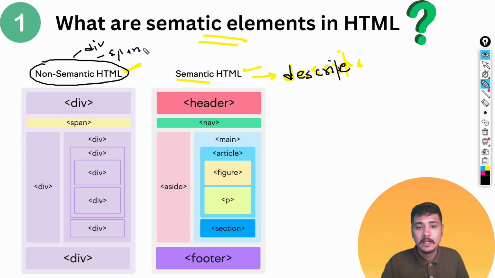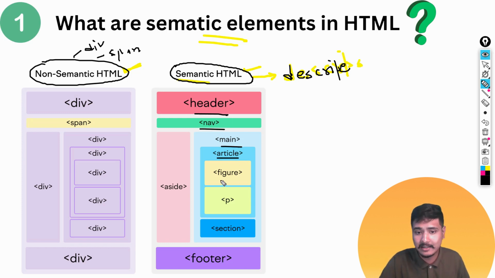No, right? With respect to semantic tags, when you see tags like header, nav, main, article, figure, paragraph or heading, these tags already tell what kind of content they will be carrying. Headers carry the headers, whereas nav is used to build the navbar of the website.